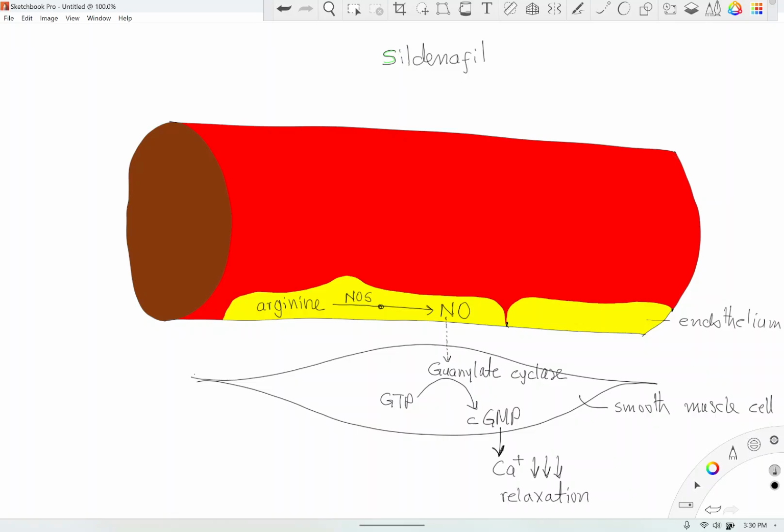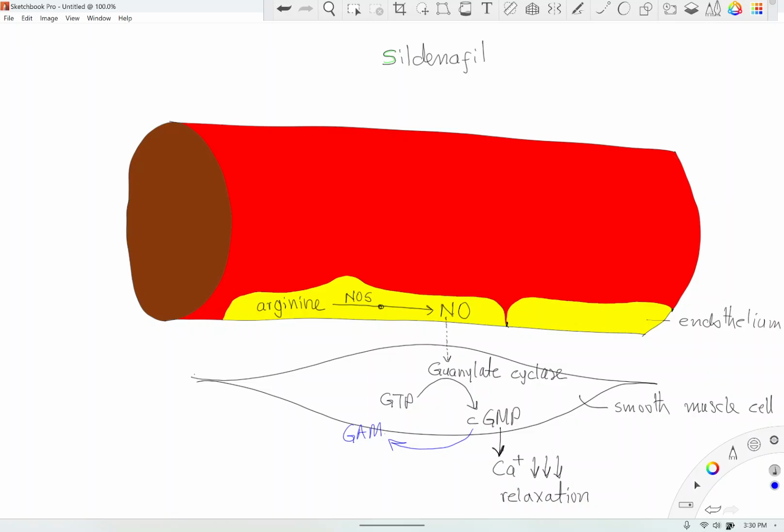Okay, but I'm going to change my color. Cyclic GMP can then be converted to GMP by an enzyme known as phosphodiesterase 5. Which means phosphodiesterase 5 will decrease the amount of cyclic GMP.